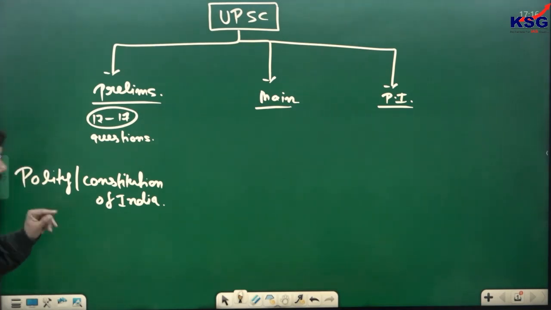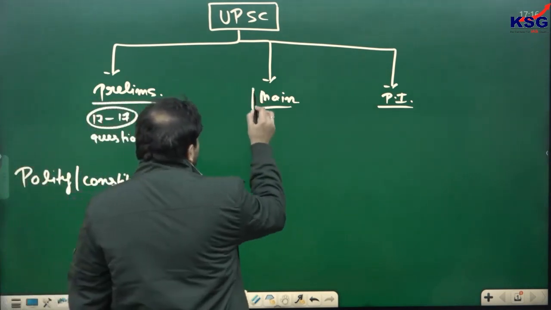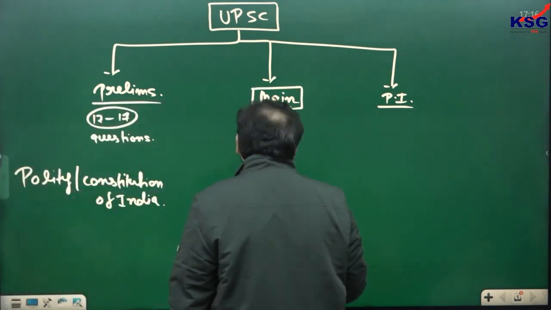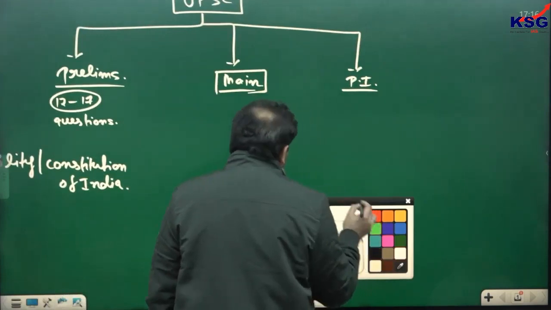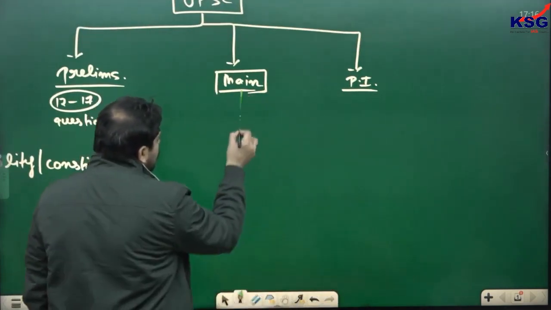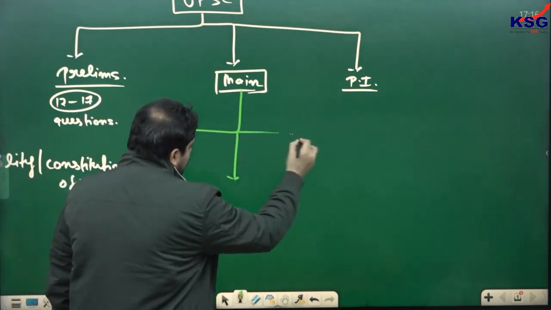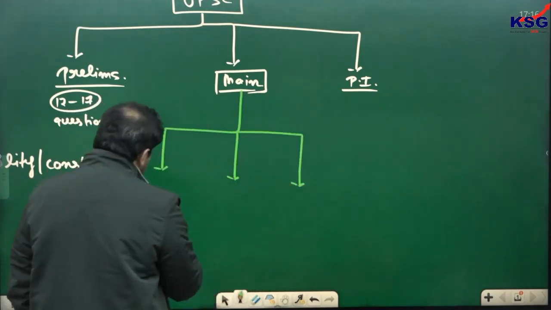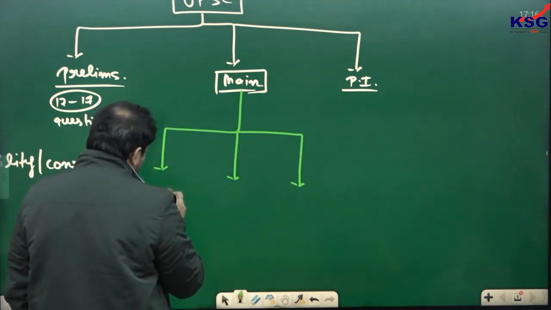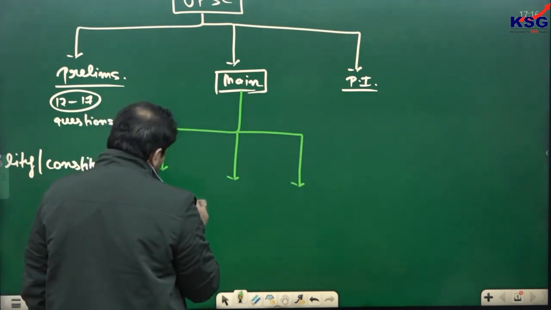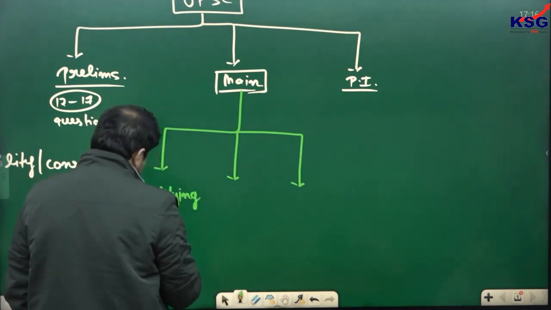Right. In the main examination, if I can elaborate a little more properly, the main examination is divided into these parts. So for example, one of them is the qualifying paper on languages.